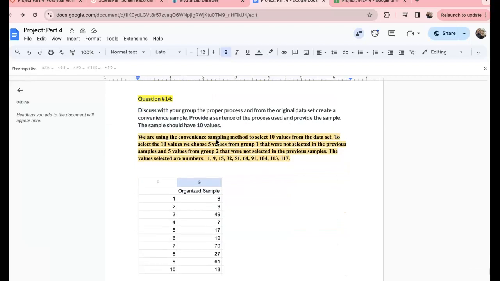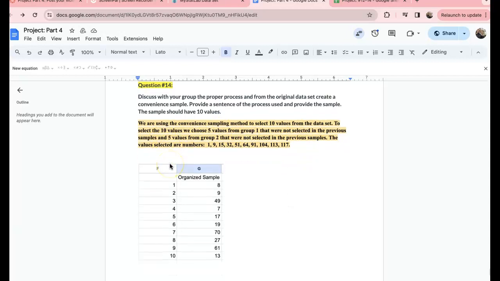For question 14, we had to discuss amongst our group the proper process and, from the original data set, create a convenience sample. So through the convenience sampling method, we selected 10 values from the data set. How we did that was we chose 5 values from each group, the original 2 groups that we created for the stratified sampling.